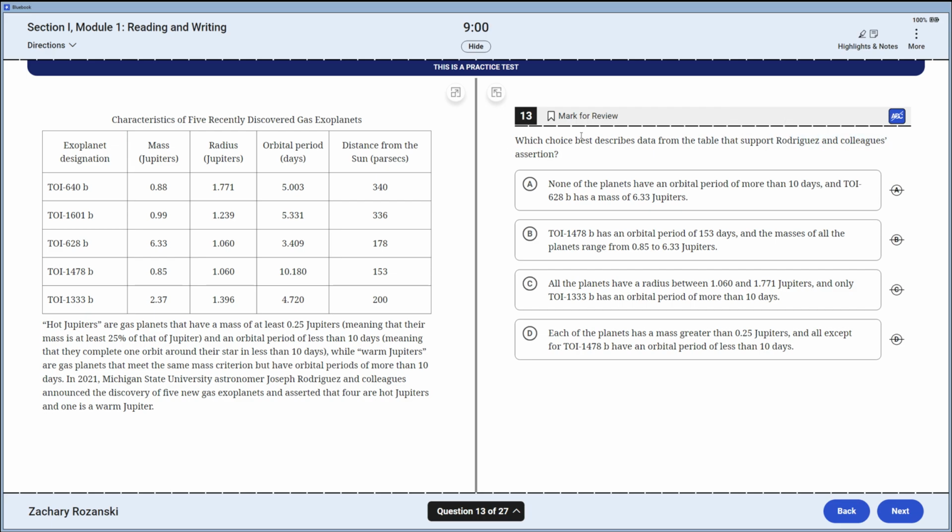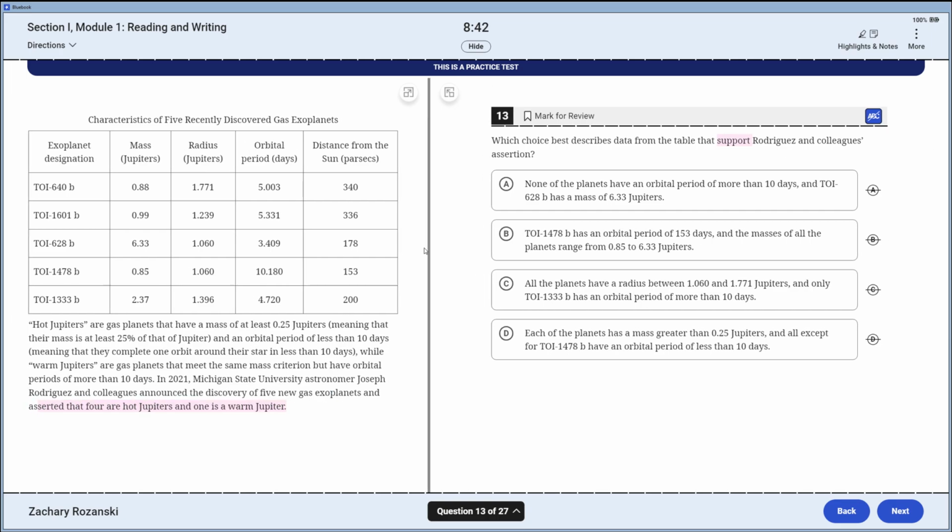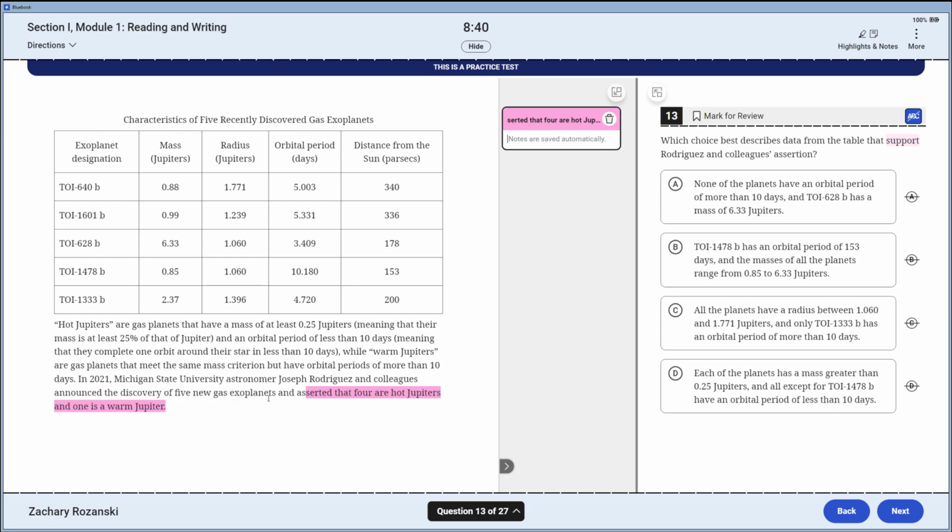Oof, we got another big one. We want data from the table to support these claims. We've got characteristics of 5 recently discovered gas exoplanets. Let's go to the last sentence and try to find our assertion. Announced, and whew, thankfully we got our word, for our hot Jupiters, and one is a warm Jupiter. Okay.